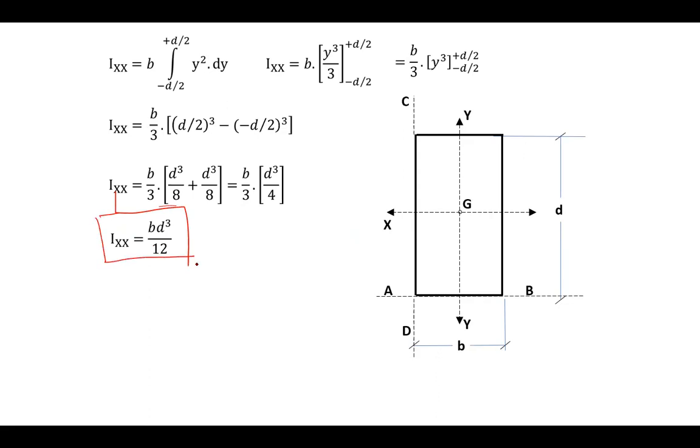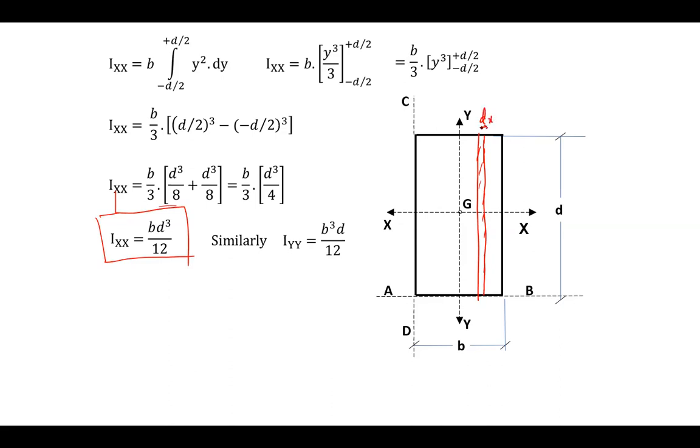Okay, so similarly, what we need to do is, you can consider a small elemental area parallel to the y-axis here. Okay, and that thickness you can consider as dx.